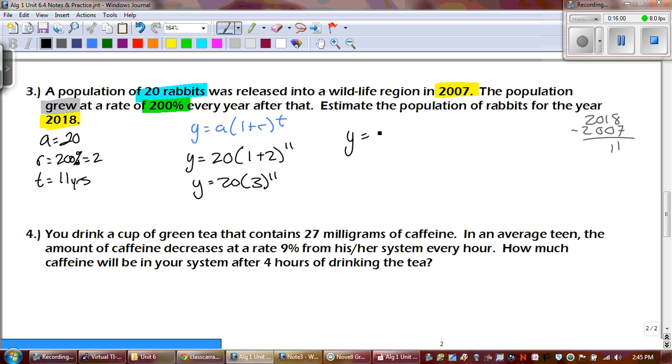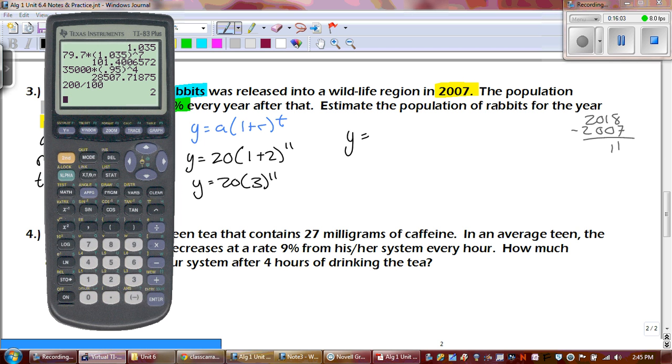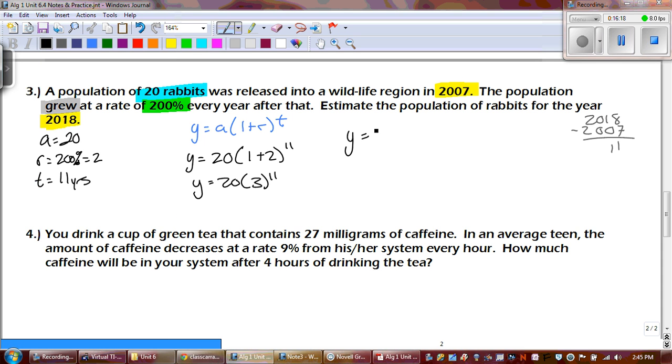And now let's find out what our answer is. So if you started with 20 bunnies into the wild, what do you think you'd get? We know it's going to be more. Do you see how many rabbits you're going to have? After 11 years, you would have 3,542,940 rabbits. Isn't that insane?